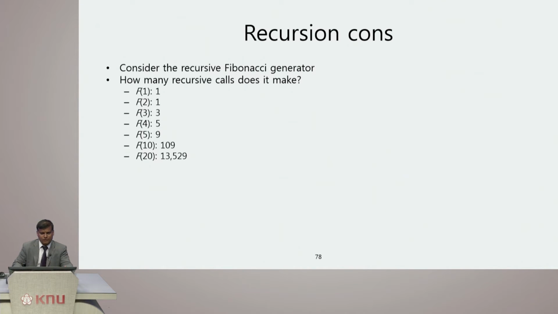F(10) is 109, f(20) is 13529. F(30) is 1,664,079. Then here comes f(40), 204,668,309.